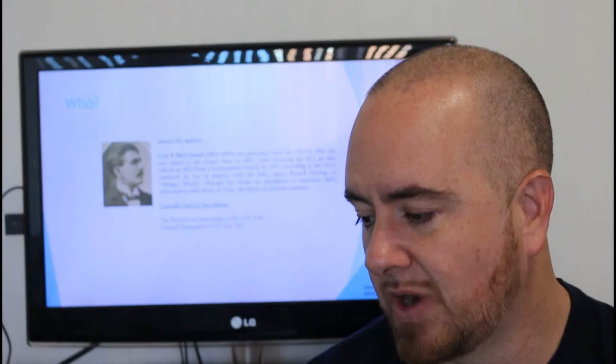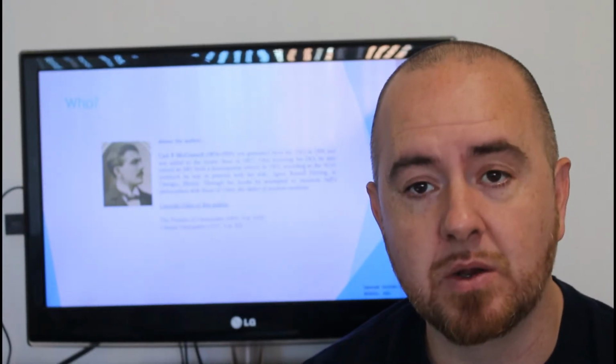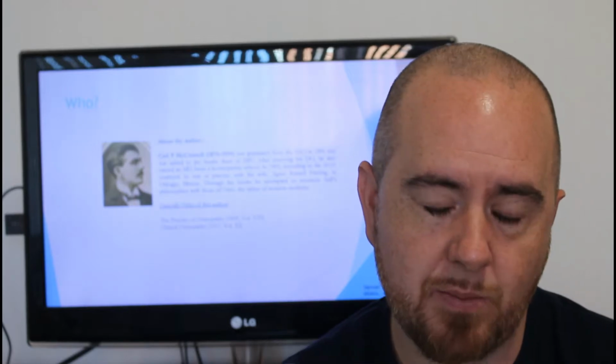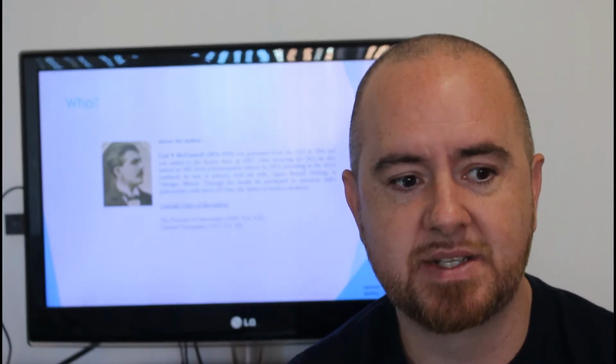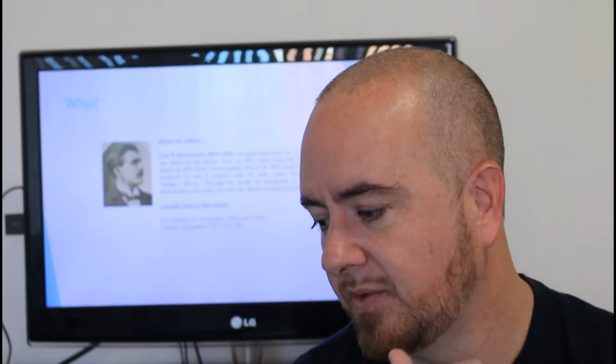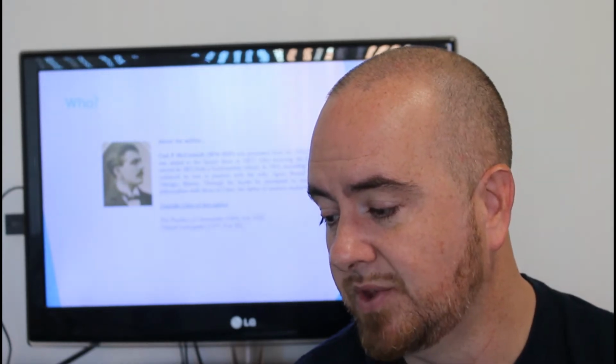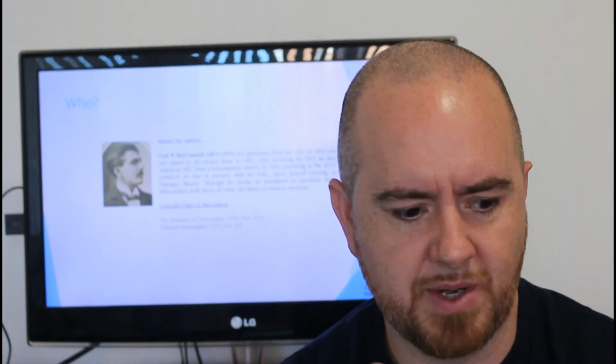The claim here, and this is a minor biography attached to the first book that we're looking at, generated primarily by the Museum of Osteopathic History, is that through his books, McConnell attempted to reconcile Still's philosophies with those of Osler, the father of modern medicine. You can have a discussion about how you view William Osler in respect to being the father of modern medicine, but that's not a discussion that we're going to engage in.